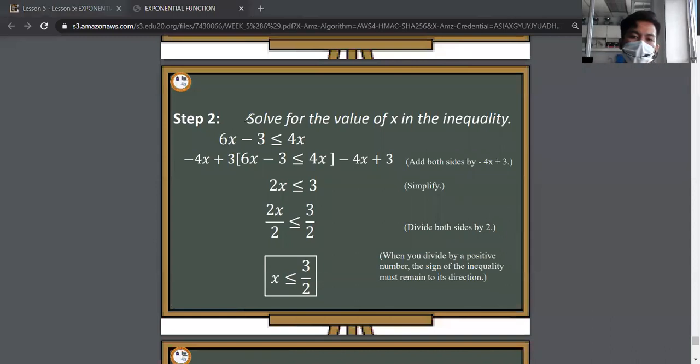So, 6x, lipat po natin siya sa kabila, positive 6x magiging negative 6x. So, ito, cancel na po. So, 4x minus 6x is equal to 2x.